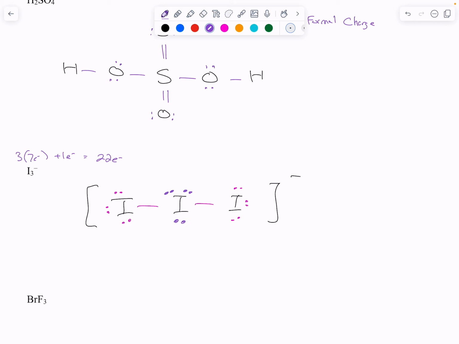And that's the best Lewis structure. The terminal iodines each have 7, brought in 7, so 0. The central iodine has 8, but it brought in 7, so it's -1. We need it to be -1. That's the best we can do.